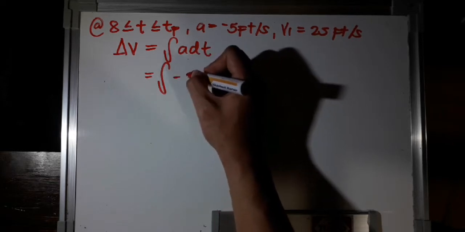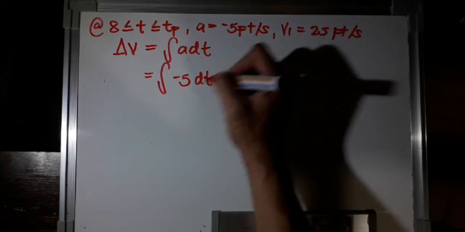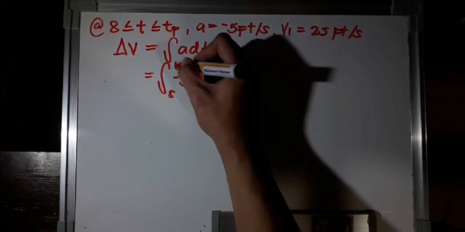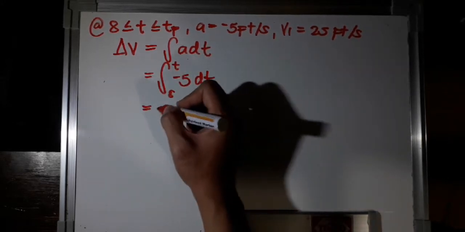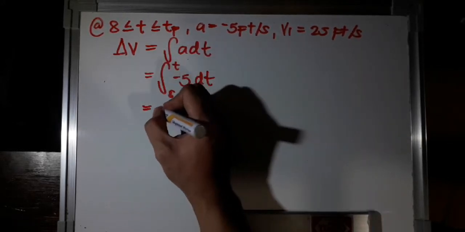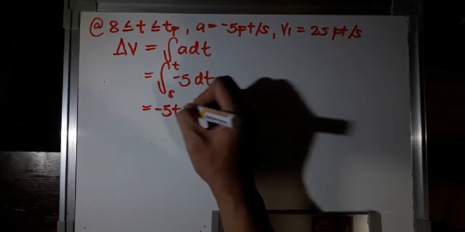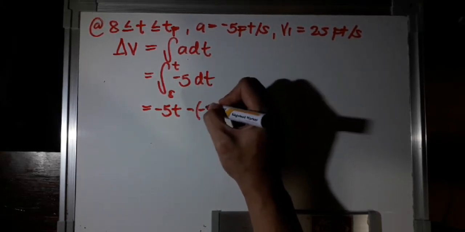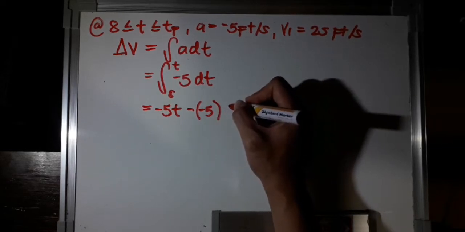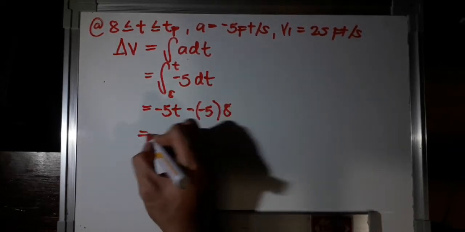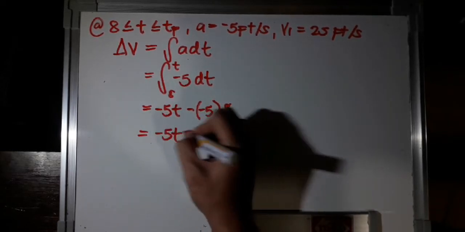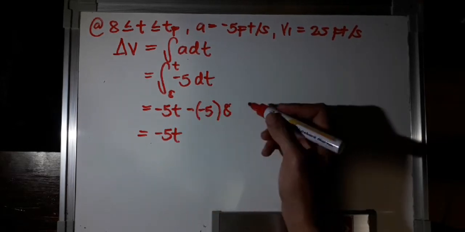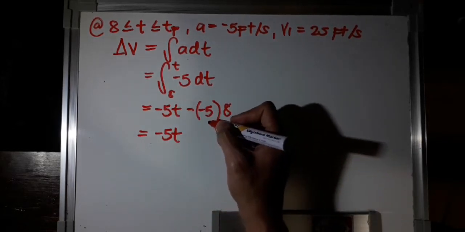Acceleration, which is negative 5 dt limited to 8, and then the time that is unknown. So integrating, we are going to have negative 5t minus negative 5 multiplied by 8. So negative 5t, negative 5 multiplied by 8, we have negative 40.